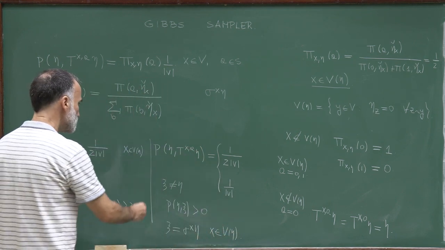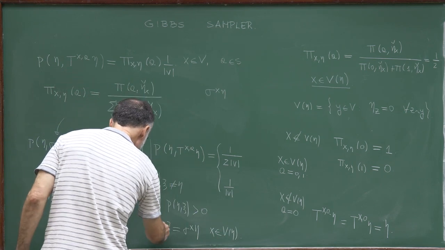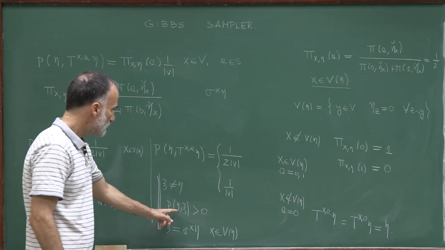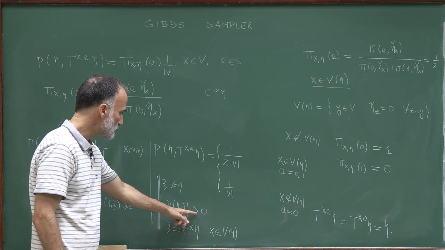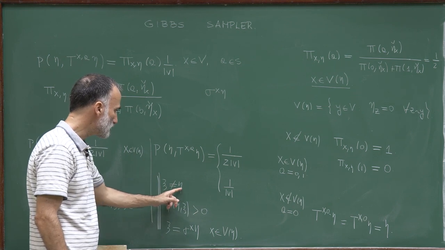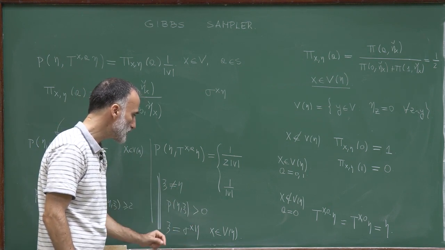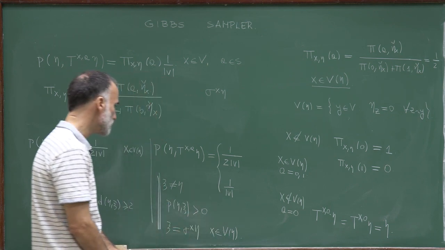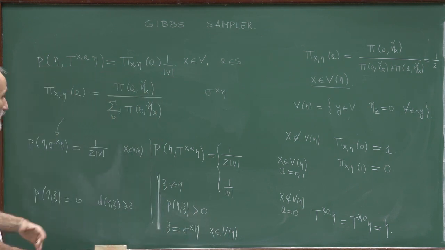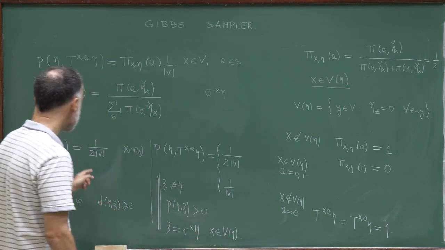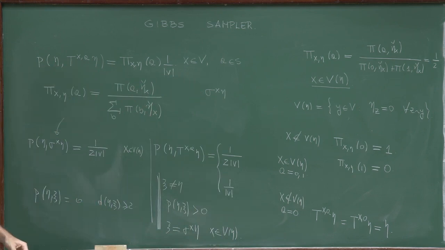This is my claim. This is what I'm trying to convince you of: that if p(eta, xi) is positive and xi is different from eta, this means that xi is equal to sigma_x of eta for x in V of eta. And moreover, in that case, this probability is equal to 1 over 2V. So let me prove this claim.